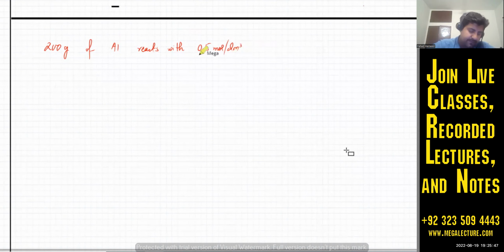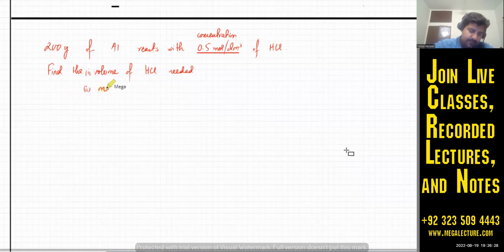So this thing over here is the concentration of the solution. So HCl की concentration उससे बता दिए, ठीक है. And he's asking you to find the volume of HCl needed, and so that's one. Number two is the mass of salt produced.